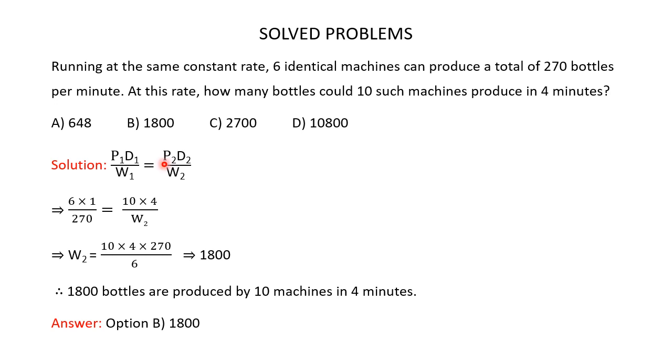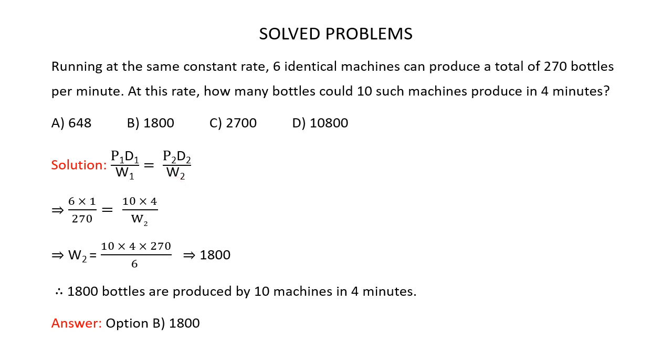P2, the number of machines, is 10. D2, the time, is 4 minutes and W2, the number of bottles that could be produced by 10 machines in 4 minutes, is to be found out.